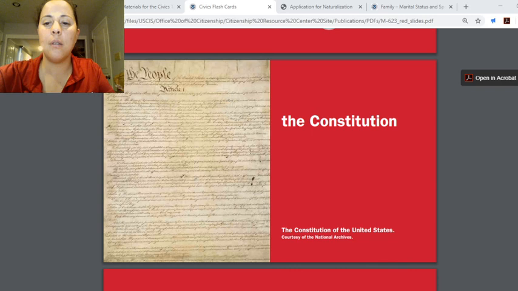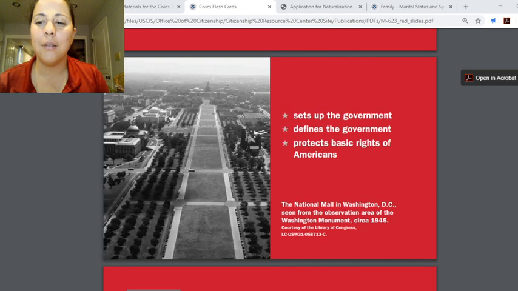Sets up the government. Remember in your chapter in the book of Citizenship, we looked at this. Chapter 4. What does the Constitution do? Remember? It sets up the government. It defines the government. It protects the basic rights of Americans. Okay, very good. So you can say any one of these answers. You can pick one.